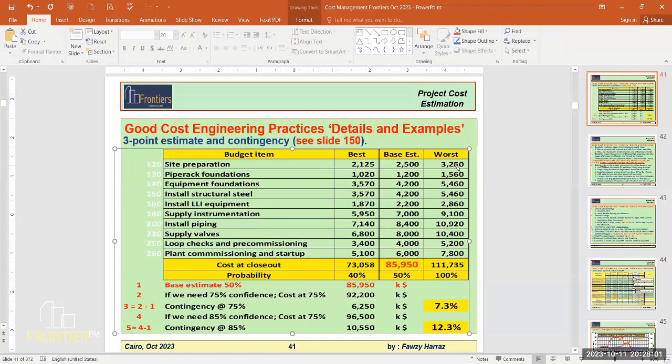Okay, then what happens is after the awarding, the detailed design comes in. And this is where the real life comes, the brief basic design is developed into lots of detailed drawings, more specifications, and so on, which makes the actual estimate different.